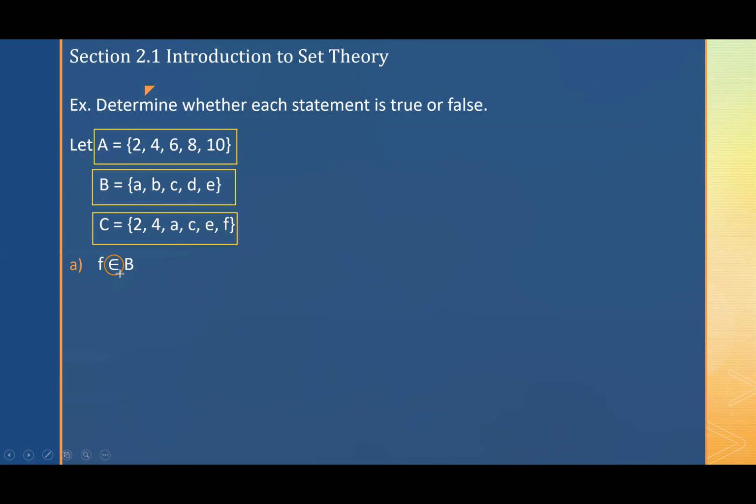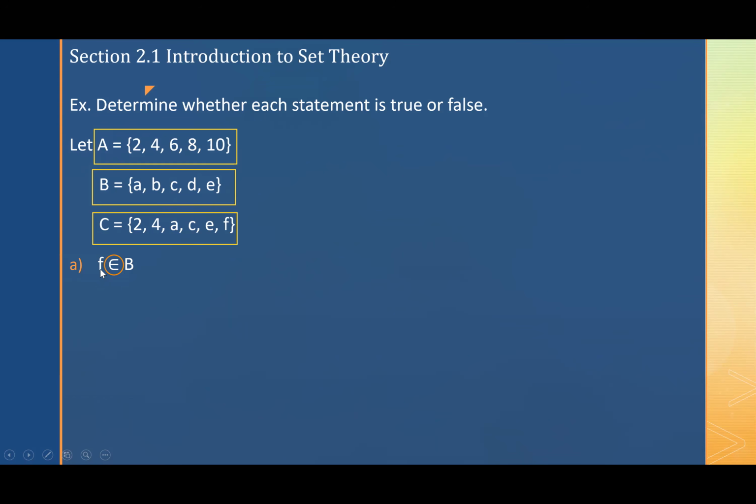So if you read it, this basically asks you: the letter F, an element F. Does this letter F exist inside the set I call B? So basically, is there an F in here? No. Everybody see that?